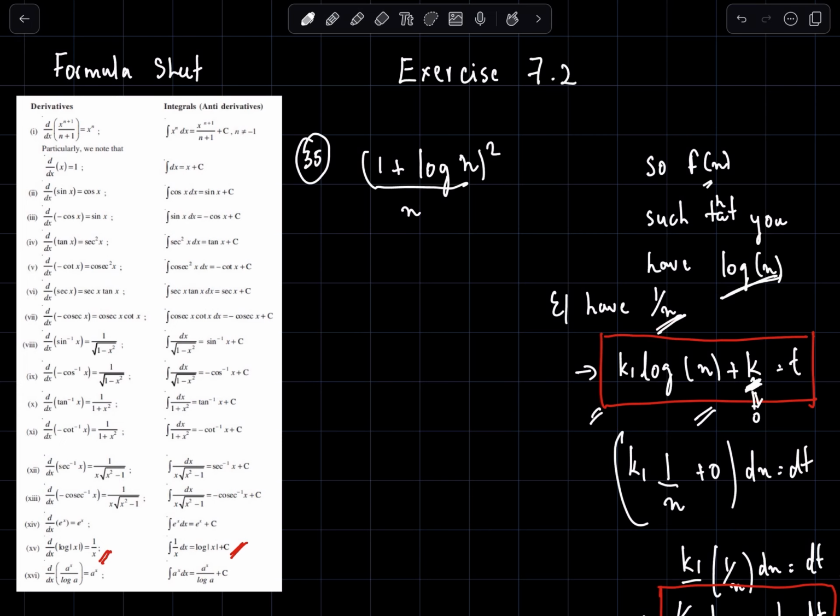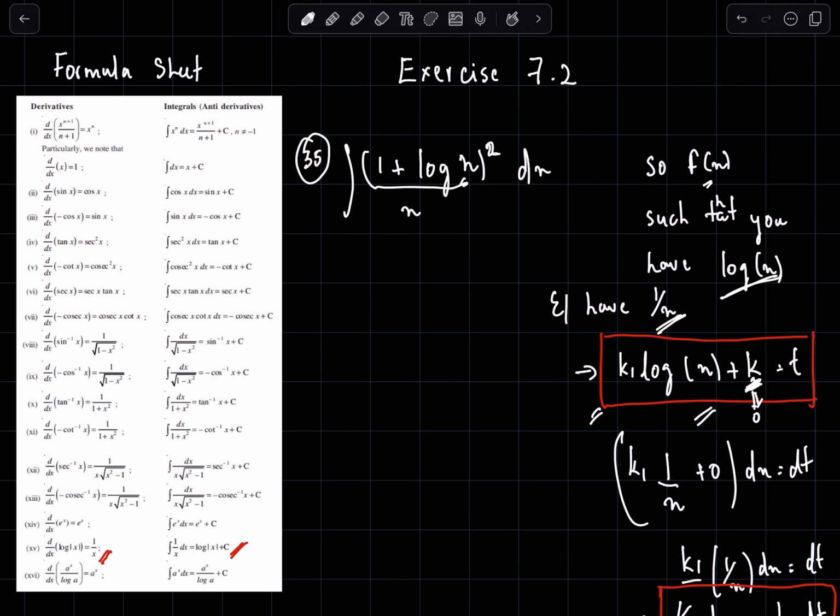Okay, so again, do we have log x? So f of x such that you have log of x and you have 1 over x, correct? Generally, when you see something put in squares or square roots or to the power 1/3 or 2/3, that's generally what you want to substitute. That should be your first intuition. So whenever I see something in a bracket to the power squared, I know I have to substitute this.